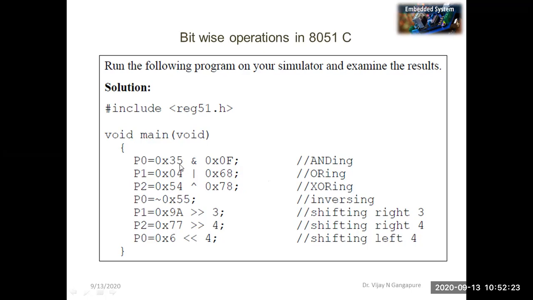This is one byte of data, this is another byte of data. Between these two bytes I am doing a bitwise AND operation, and whatever result we get is put on port 0.